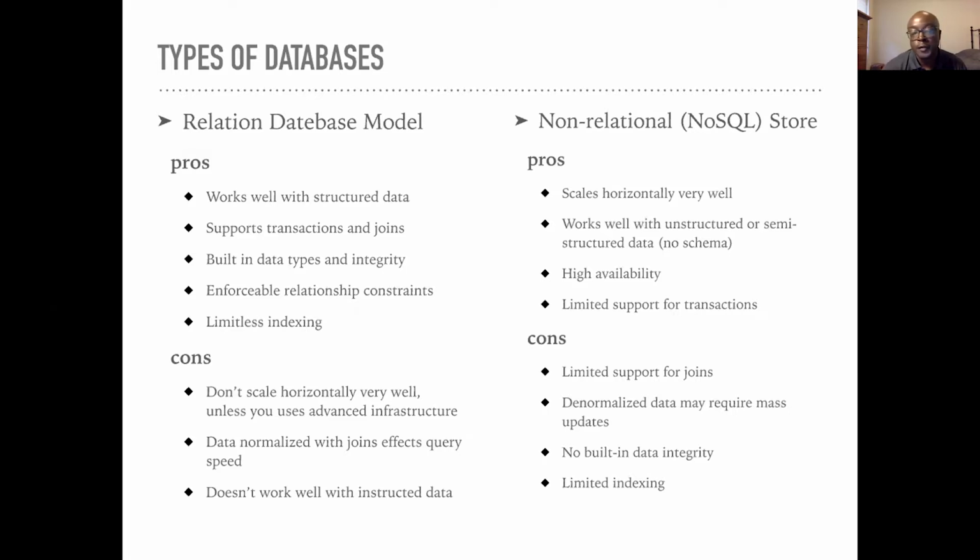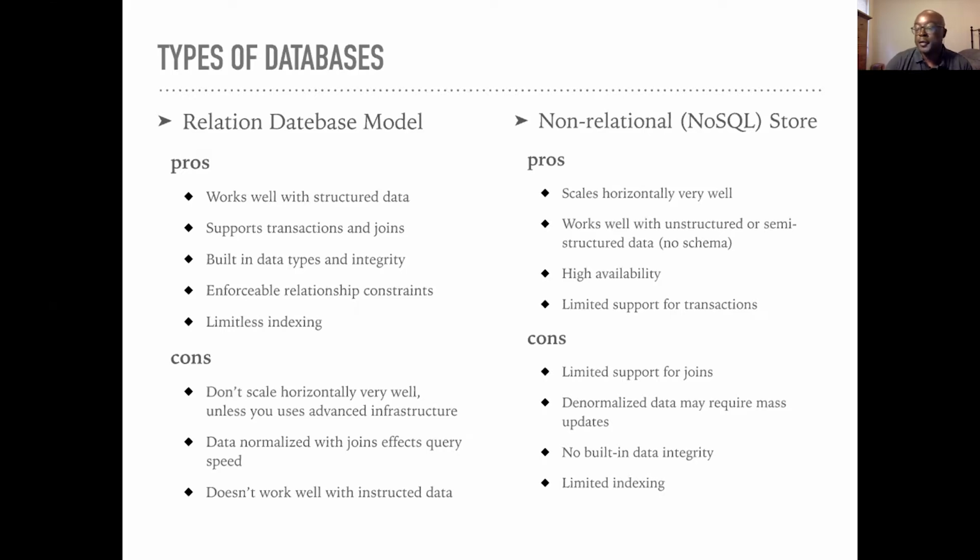If you just dump a mess of data into a relational database, like one row of a table, it's kind of an abuse of a relational database, and it's not going to work very well for your application.